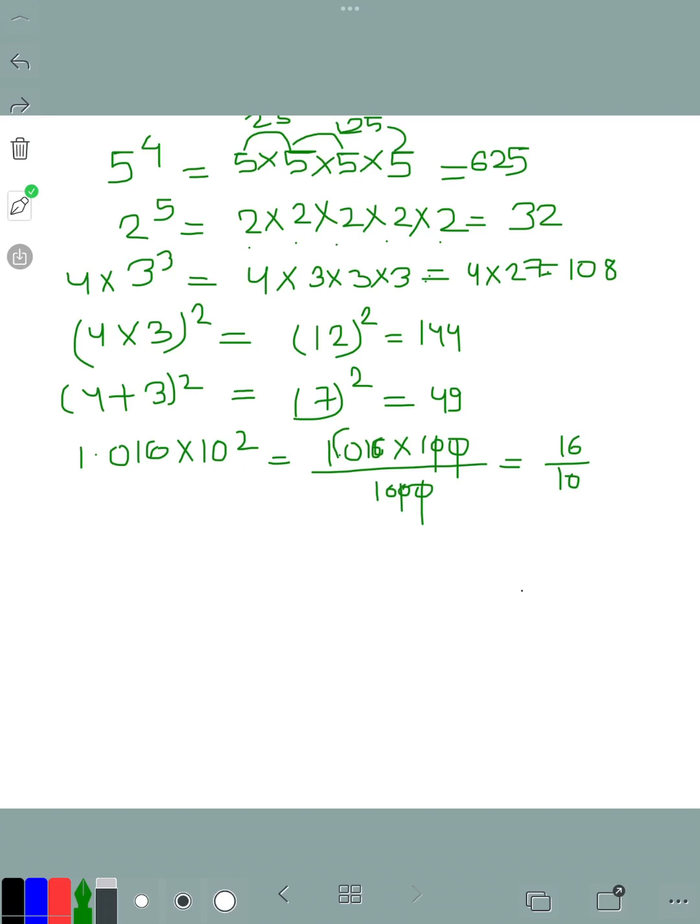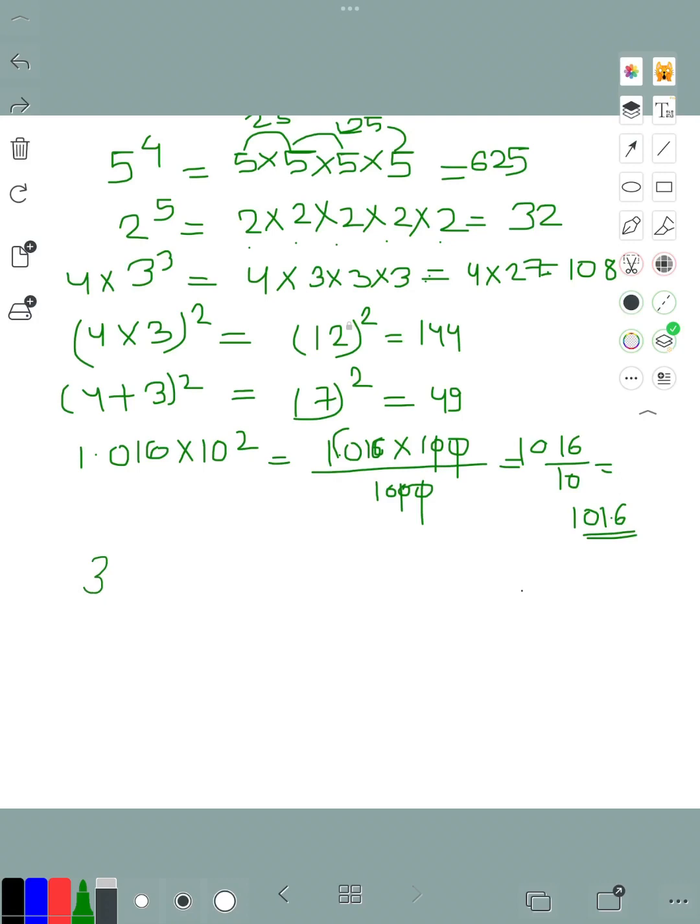I had made a mistake here, I'm sorry for that. Just ignore it, I'll just correct it. Here it comes as 1016 upon 10. So we get, after dividing it by 10, we get it as 101.6.